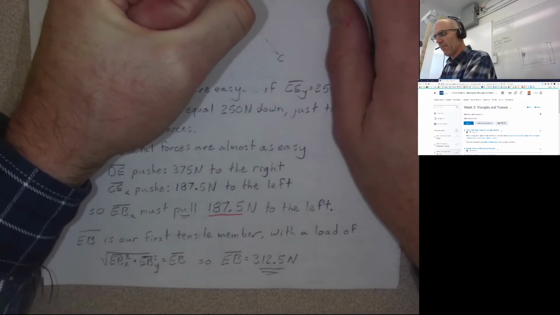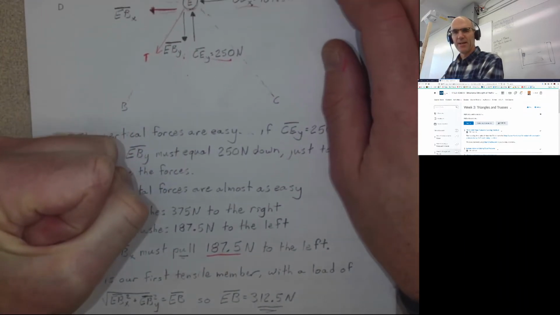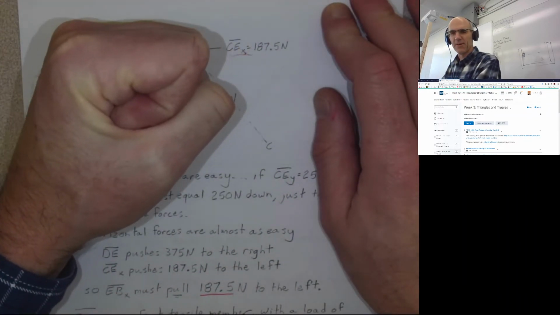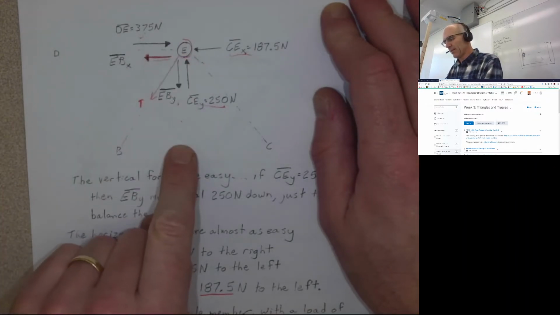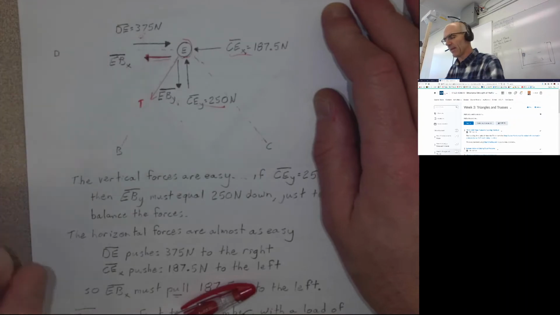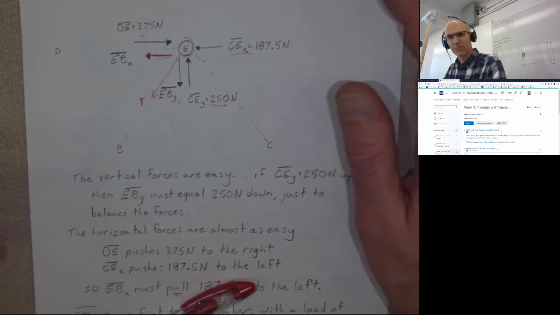So this member in here in tension is pulling down this way, and pulling over like that in its horizontal components, which kind of makes sense.